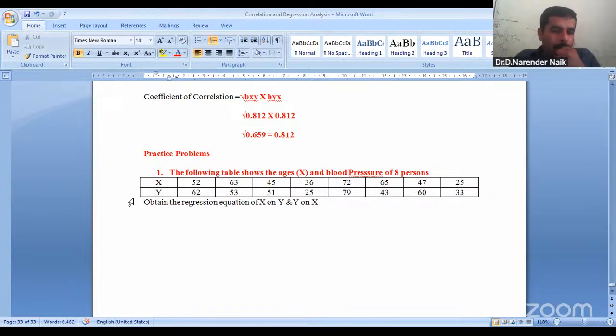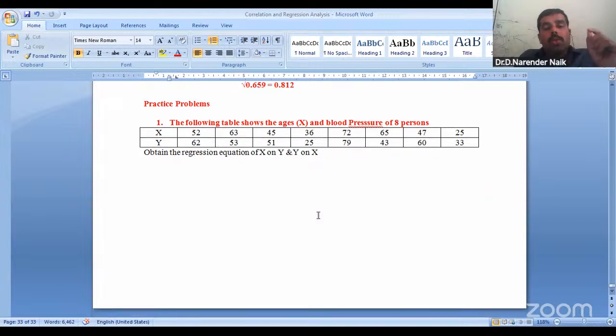X: 52, 63, 45, 36, 72, 65, 47, 25. Y: 62, 53, 51, 25, 79, 43, 60, 33. Obtain the regression equations of X on Y and Y on X.